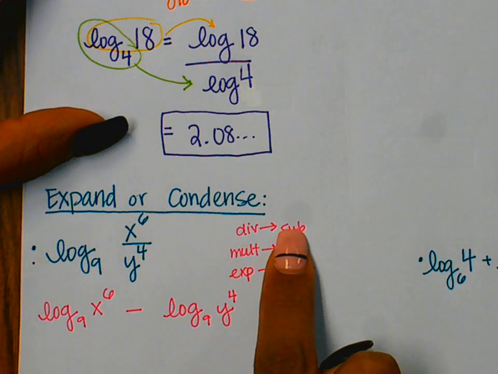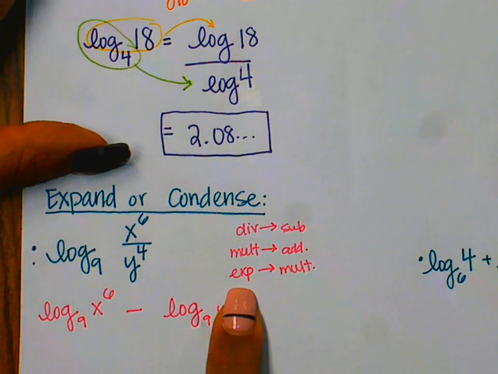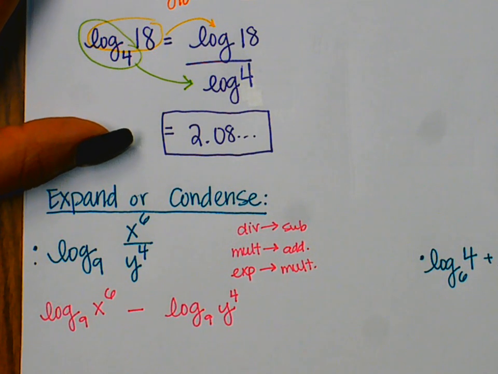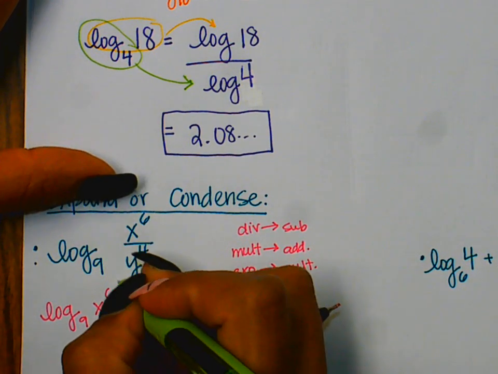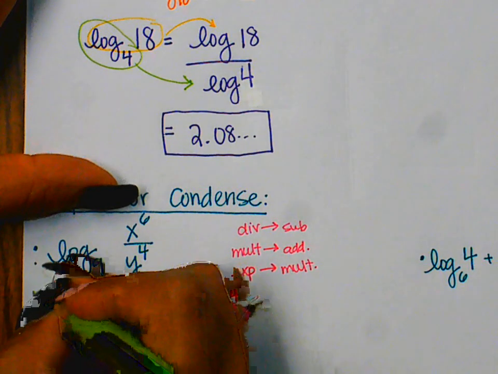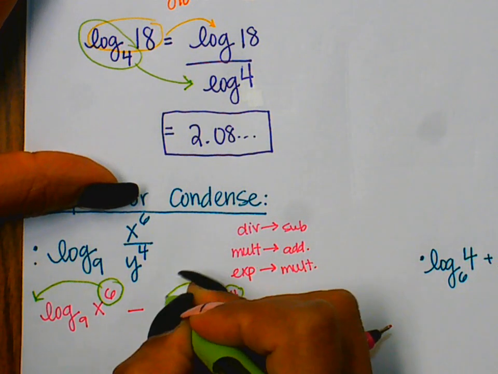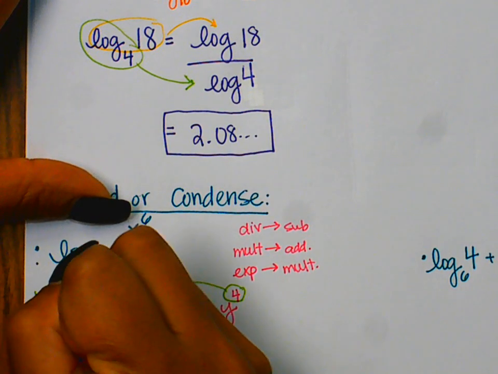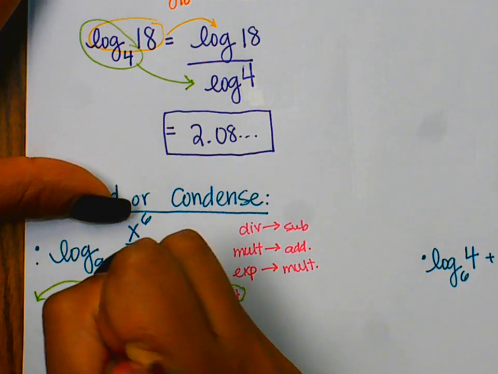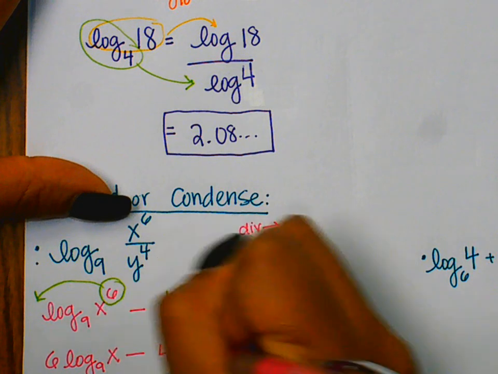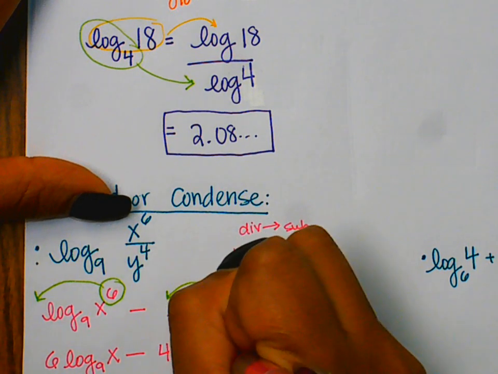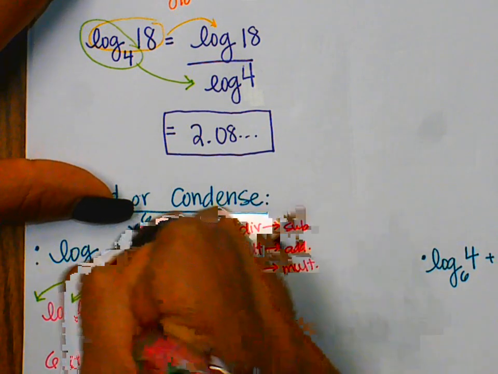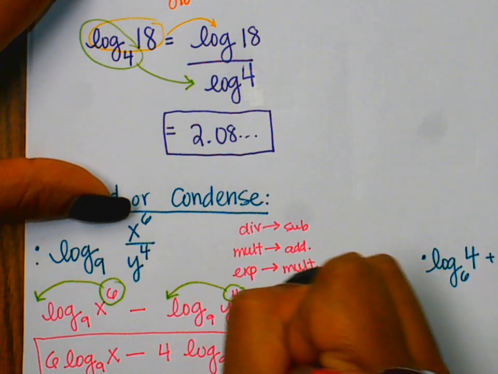Now I still have my exponents, and that means I need to multiply. All I'm doing is taking this exponent and bringing it out front like this. So this turns into 6 log 9x minus 4 log 9y. And that's it.